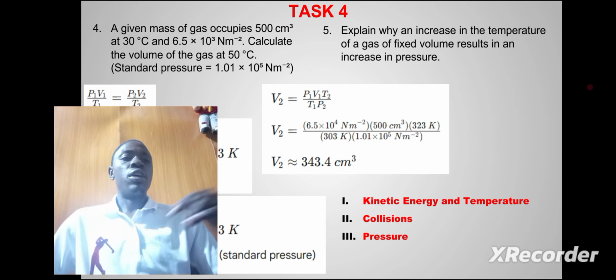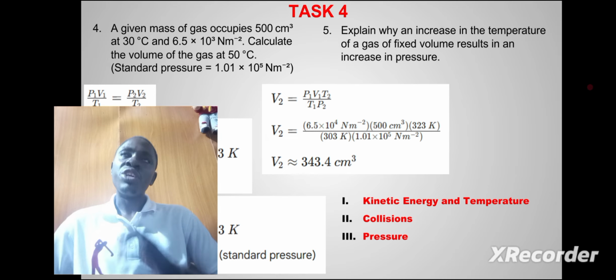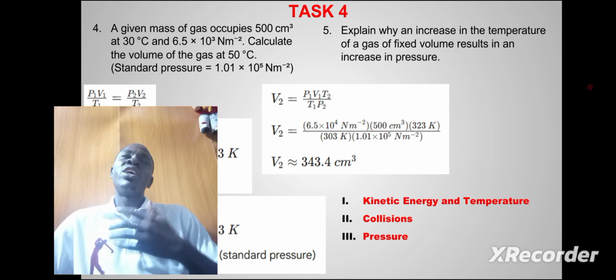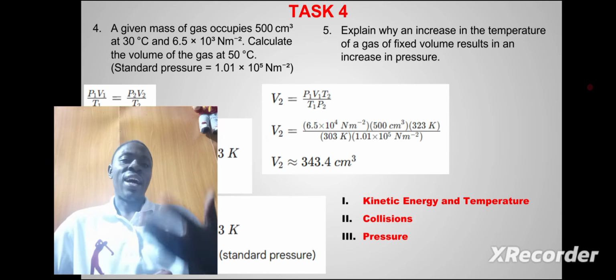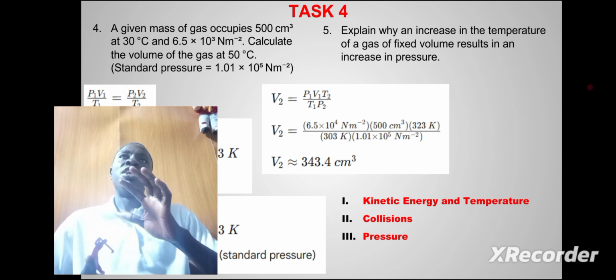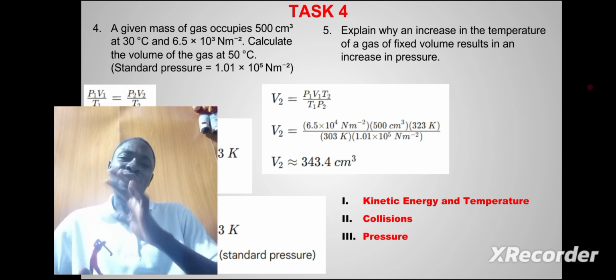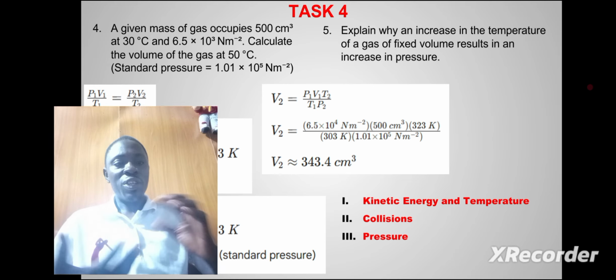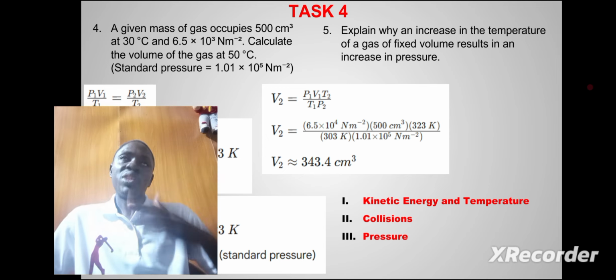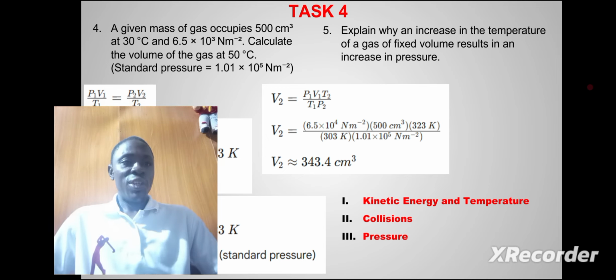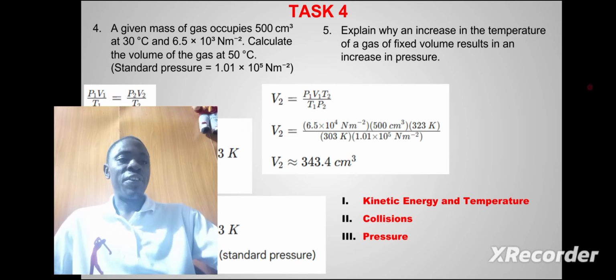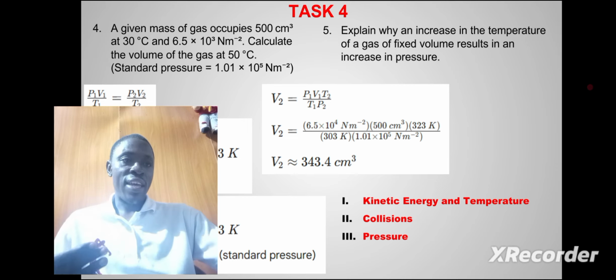Another reason is the pressure exerted. When the frequency of collision is high, the force exerted per unit area is equally high. Of course, force per unit area is pressure. So that's one reason why high temperature leads to high pressure of gases.